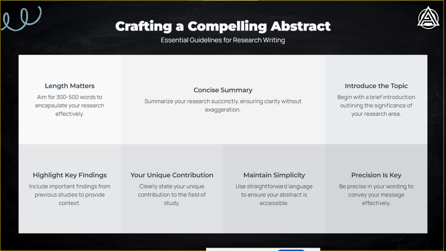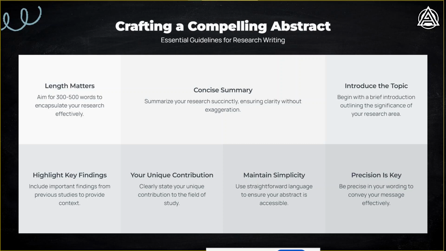The first point is that length matters. In the abstract, you need to write a concise summary with precision, highlighting your key findings and your unique contribution, and try to maintain simplicity. You should not write a basic introduction.